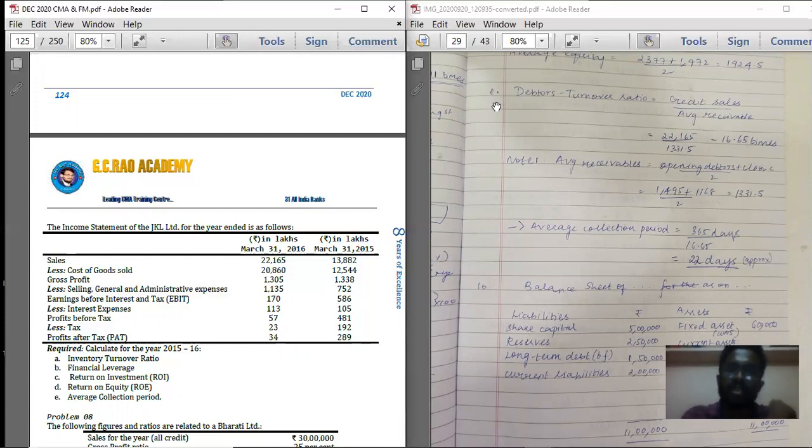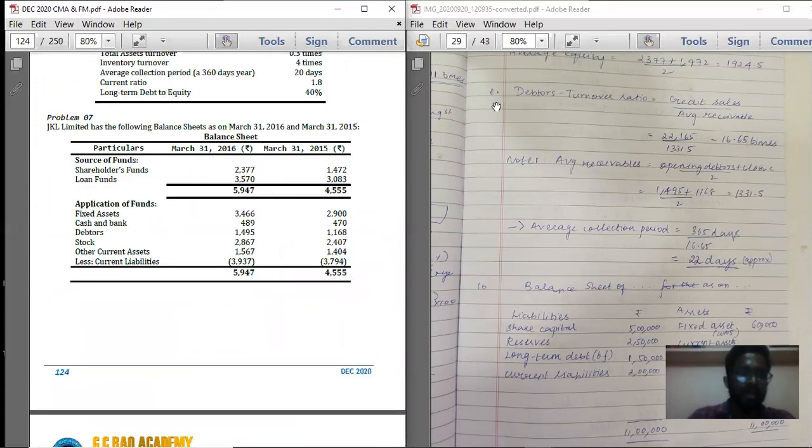So 22,165 divided by average receivable. We should calculate the average receivable by finding the average of both the debtors. Below that, leave 2 lines gap, below that leave 3 lines gap.